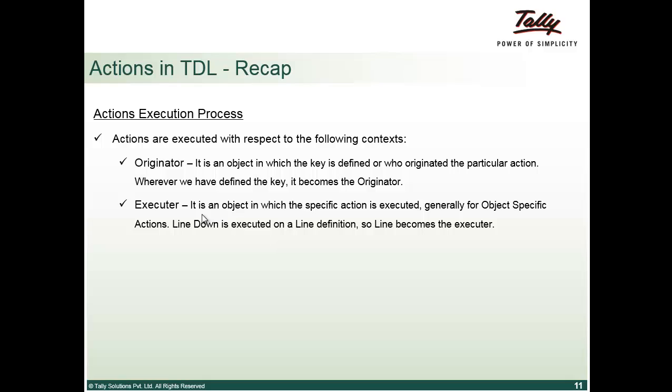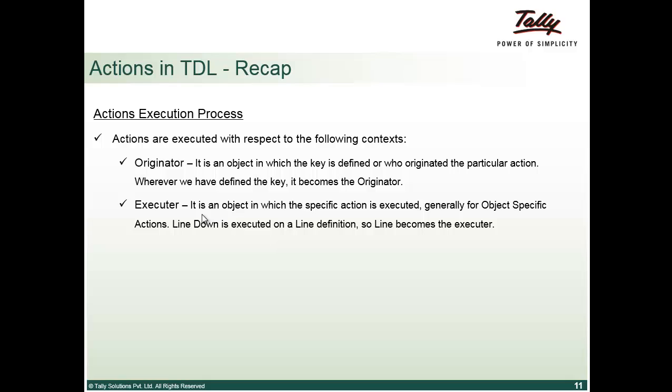Then what is the execution process of the action? An action always has an originator and an executor. Originator is from where the action originates. Executor is the object on which the action is getting executed. The originator is the object in which the key is defined, or which originates the particular action. Wherever we have defined a key, it becomes the originator.